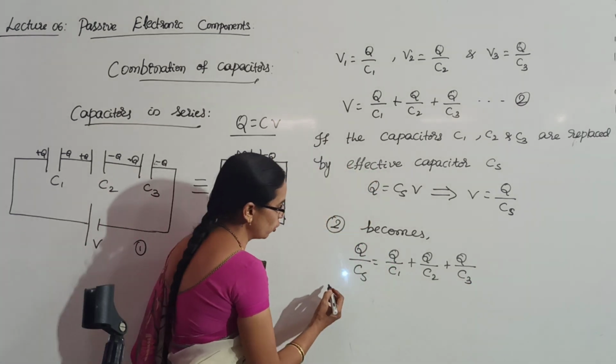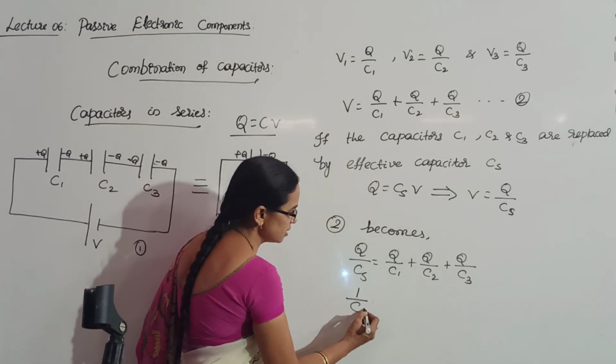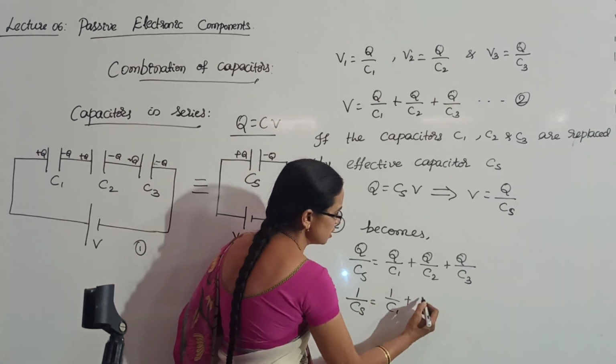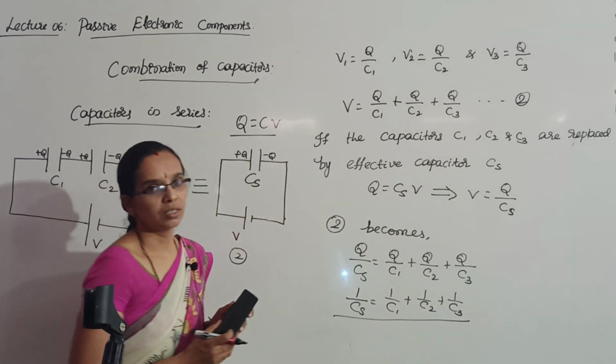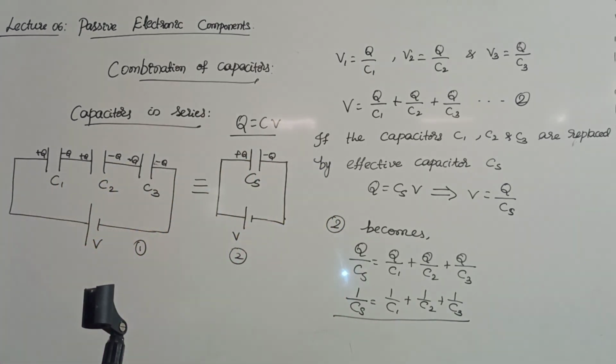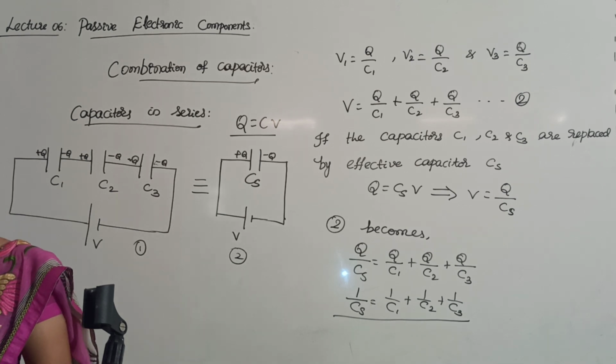If you take Q common, it can be written as 1 by Cs is equal to 1 by C1 plus 1 by C2 plus 1 by C3. So the reciprocal of the effective capacitance of capacitors connected in series is equal to the sum of the reciprocals of the individual capacitances.